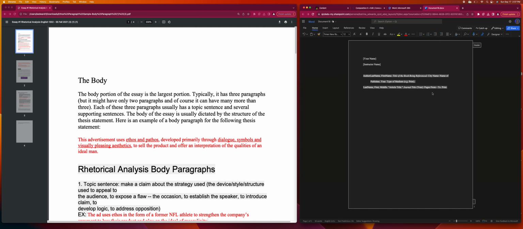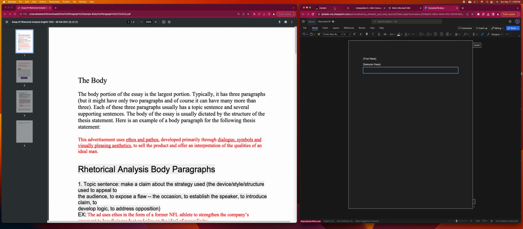What you're going to do then is copy and paste your introduction, your descriptive paragraph, and your audience paragraph into this document so that you can start to prepare your rough draft that you have to submit. Okay?